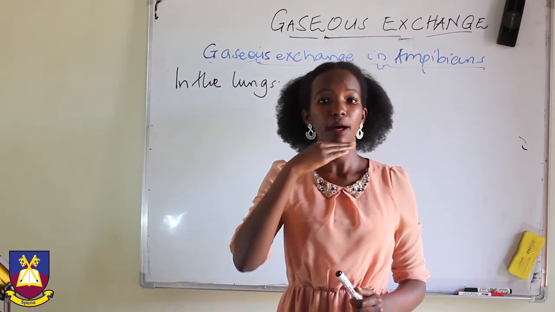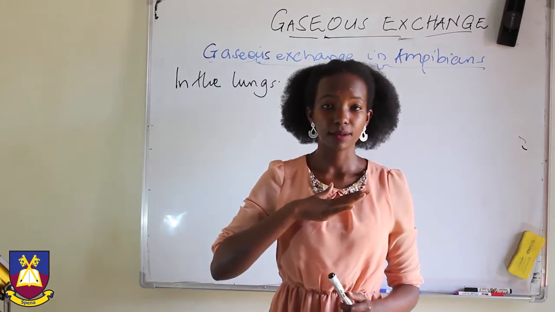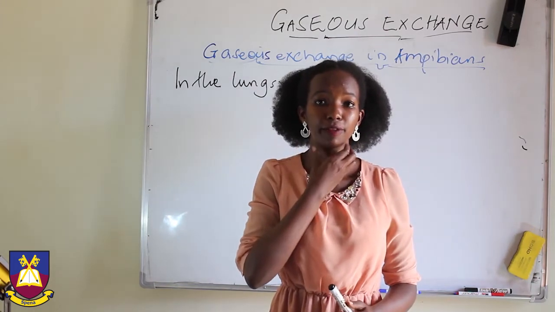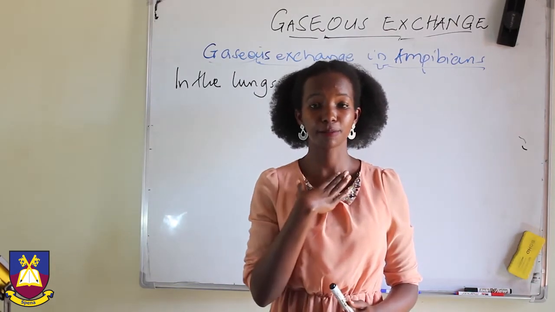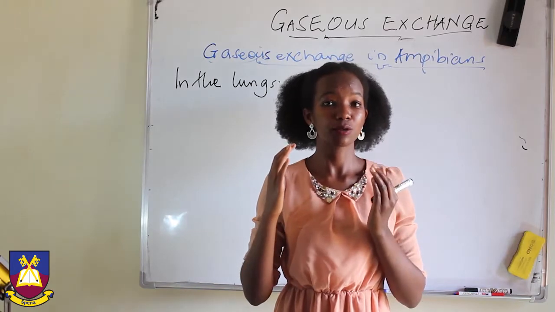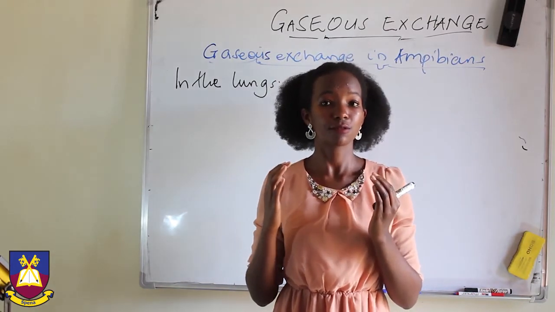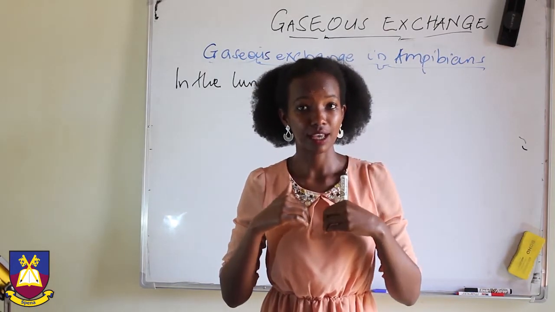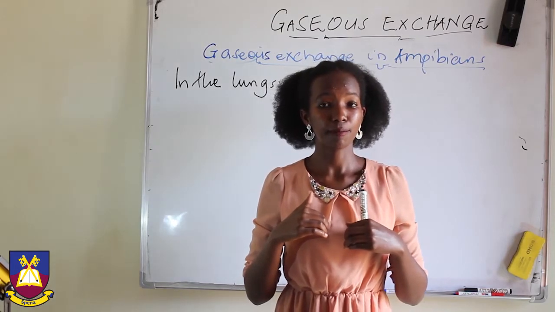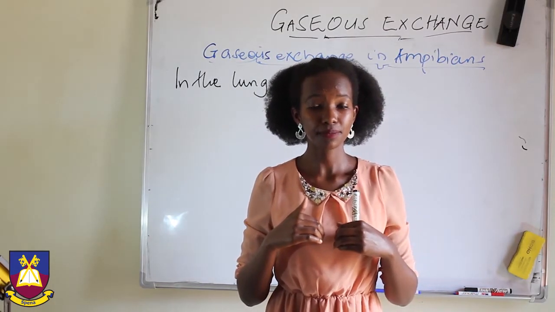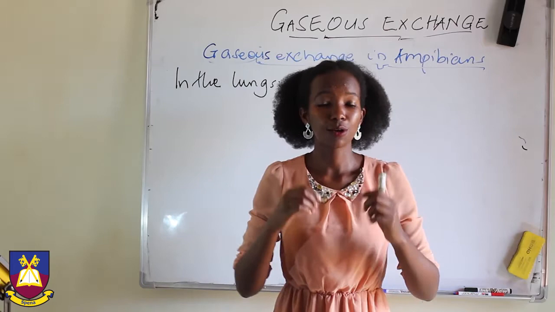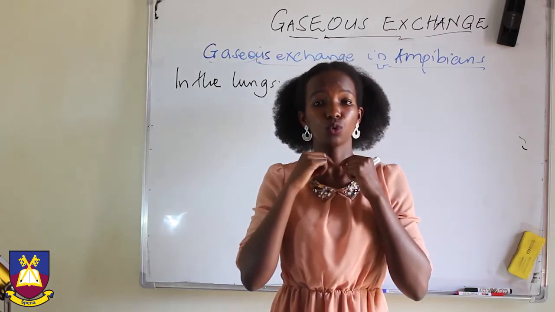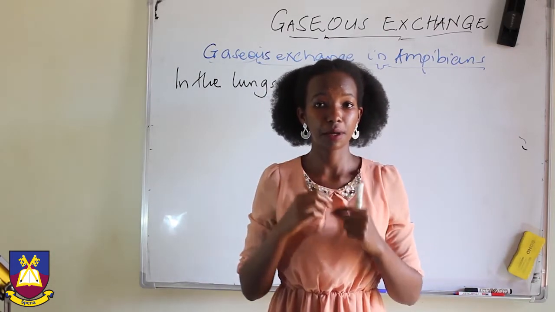The floor of the mouth lowers. That happens by contraction of the muscles in the floor of the mouth, so that the volume in the mouth increases. The increased volume leads to a reduction in the pressure within the mouth. Okay? Now, that causes air to rush through the nostrils to the mouth.